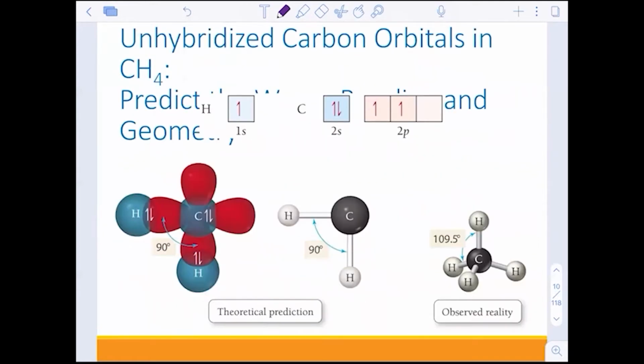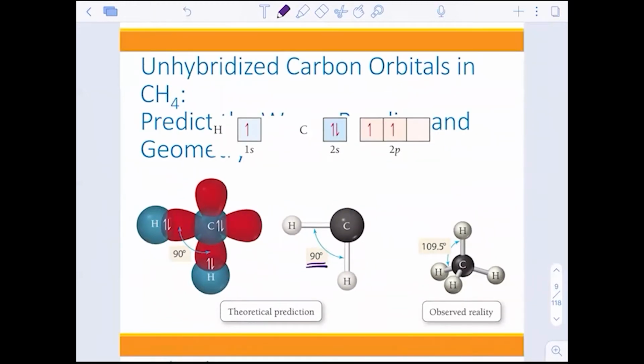Now, what we want to be able to see is carbon does not bond as theorized with valence bond theory originally, or quantum mechanics. What it actually does is a tetrahedral when we have single bonds. So something must be happening to these valence electrons in order to get them to separate. We've got to unpair and become equal in energy.